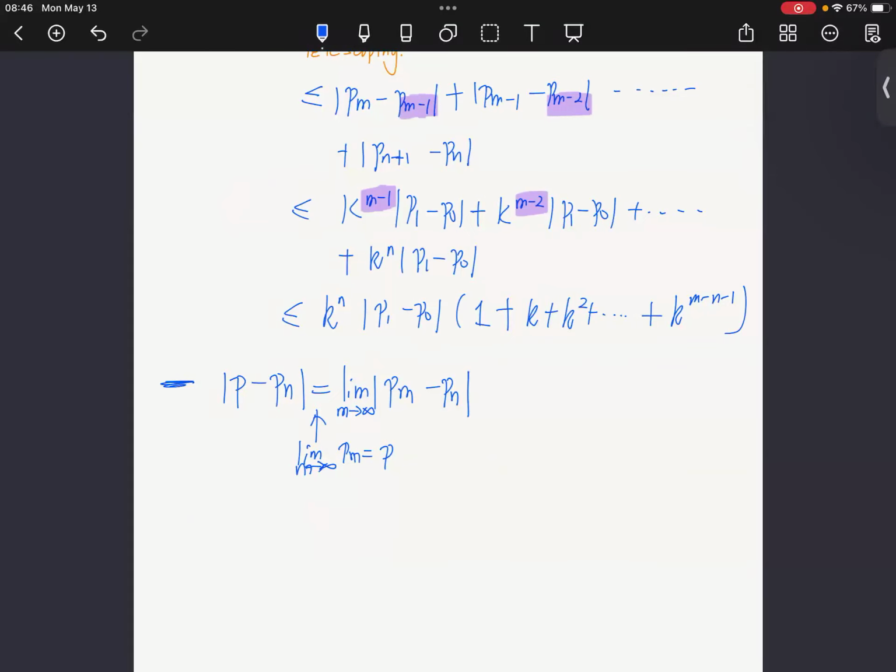So it's smaller than or equal to, let me see, I should have something here. It should be the limit as m tends to infinity, and I just copy all the things we have from above, and then the second sum, i equals 0 to m minus 1, of k to the order of i.